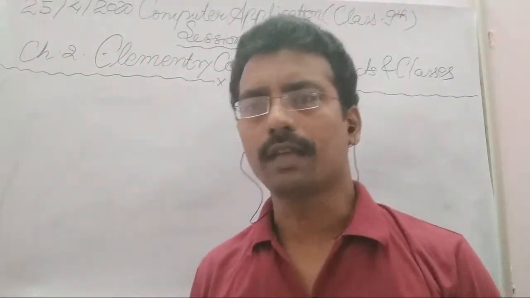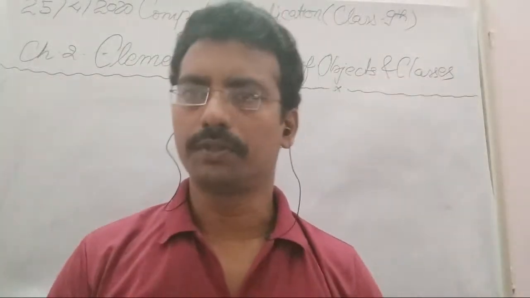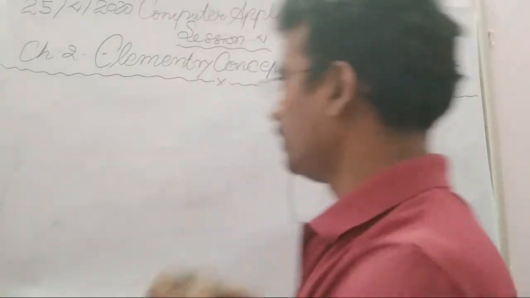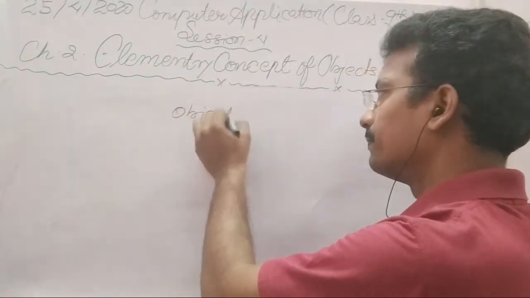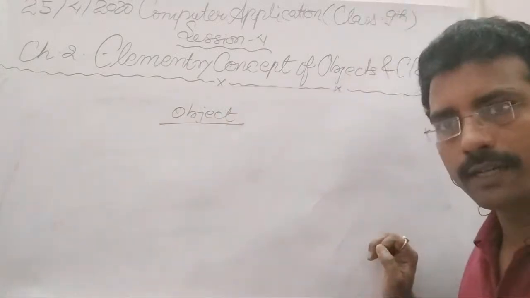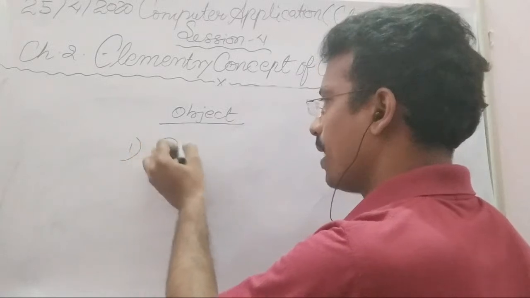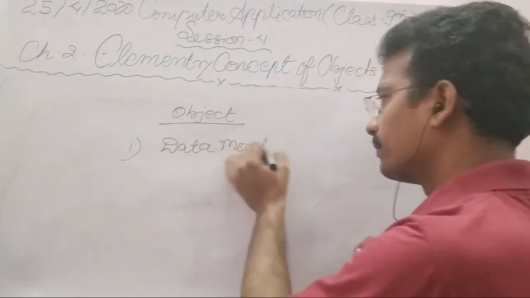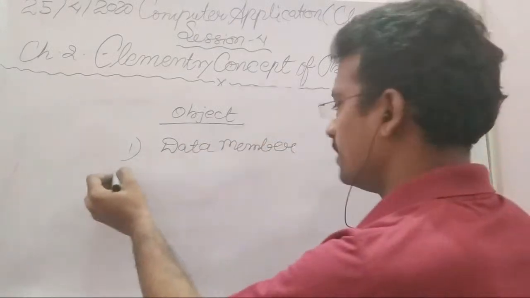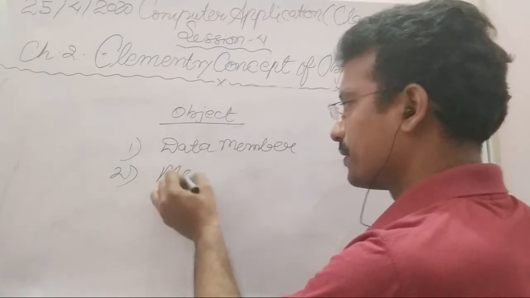Whatever definition is coming in the object, it comes in the form of some features. Suppose I take an object and its features. The two features we have just discussed are data members and methods.